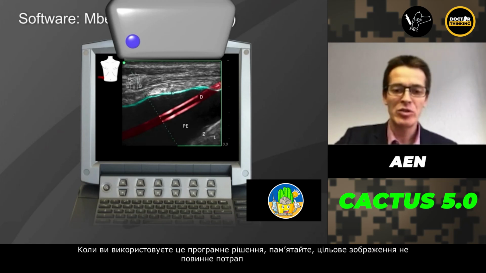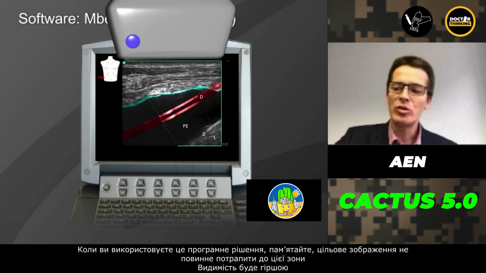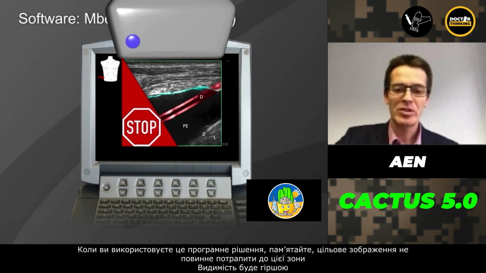So whenever you use this software solution, keep in mind not to have your target structure outside of this field. Just don't go here, because visibility of your needle tip will be worse than not having this mode on.